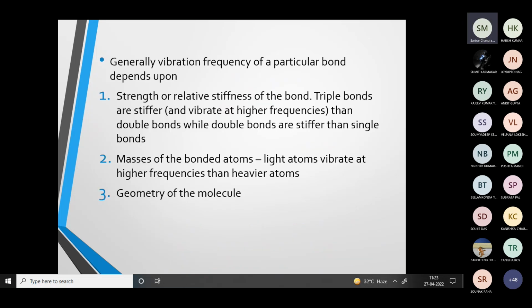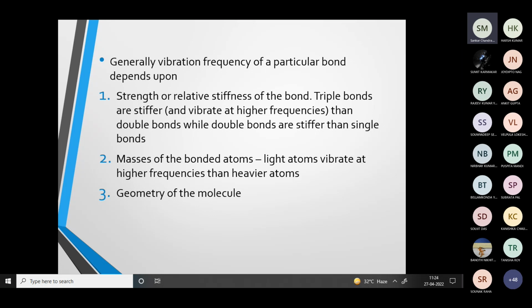So these are the general statements I already told you. One thing you see here: the general vibration frequency of a particular bond depends upon the relative stiffness. What is stiffness? Stiffness is how strongly bound the atoms are. A carbon-carbon single bond is loosely bound, a carbon-carbon double bond comparatively more than a single bond, and a carbon-carbon triple bond comparatively more than a double bond.